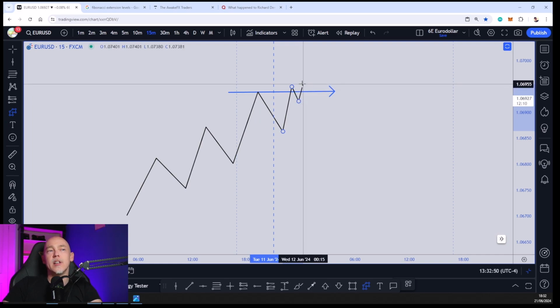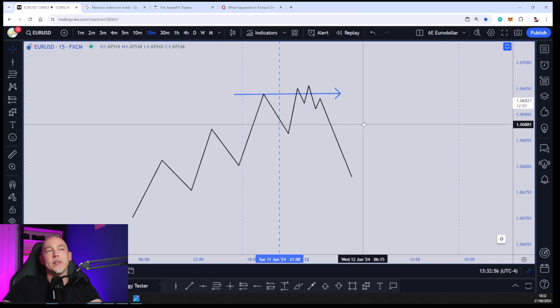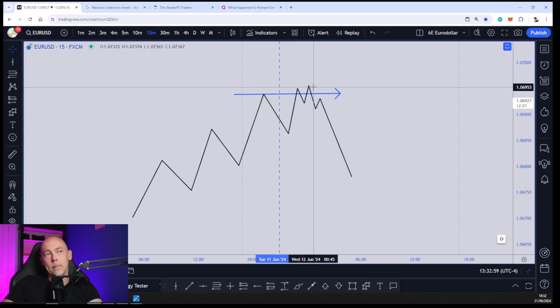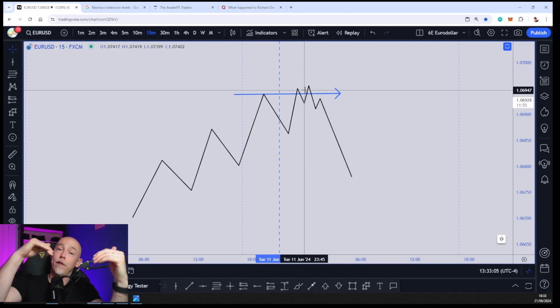Sometimes it may have even a slight higher high, and then the market shifts and breaks and we have a move lower. So in essence, turtle soup means it's a false breakout. It's another word for a false breakout at a previous high, or a false breakdown at a previous low.